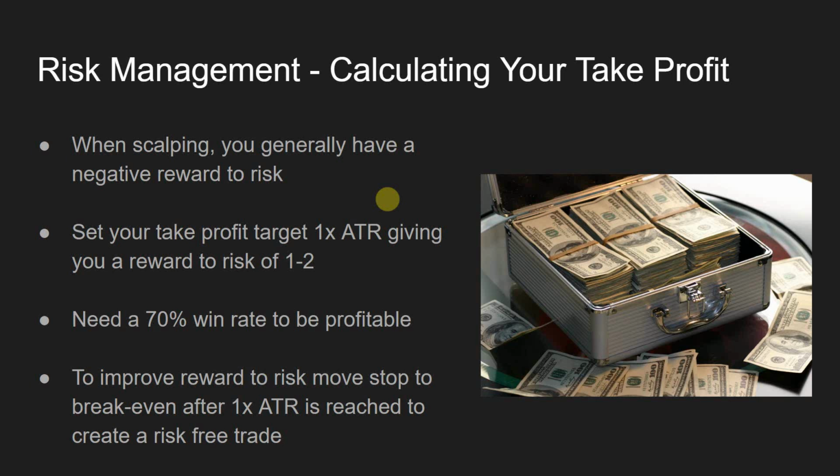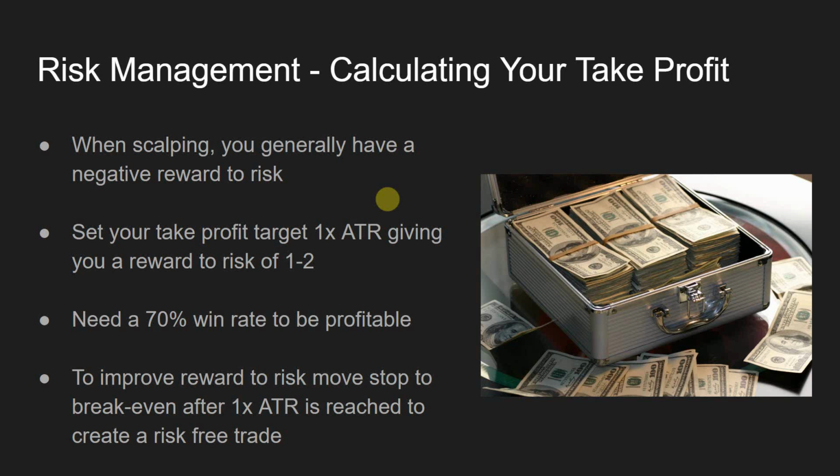It can be done. There are scalpers that only trade on a positive reward to risk ratio. However, generally you are risking more than what you're looking to gain. Now, in stating that, how are we going to set our take profit target?